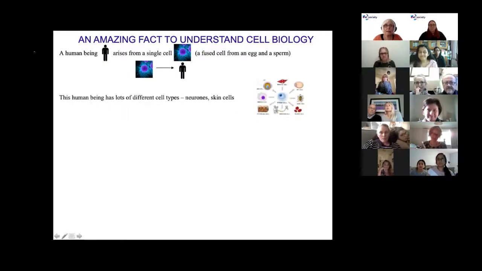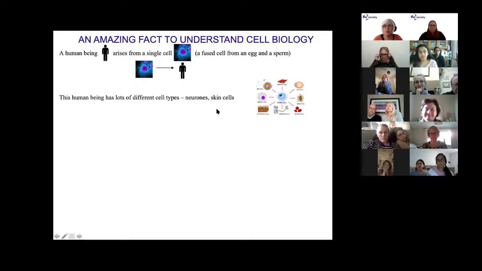And the human being has lots of different cell types. There's neurons, there's skin cells, muscle cells, all arising from that one single cell. So that single cell has all the information to make you into this whole human being, which is quite formidable when you think about it.